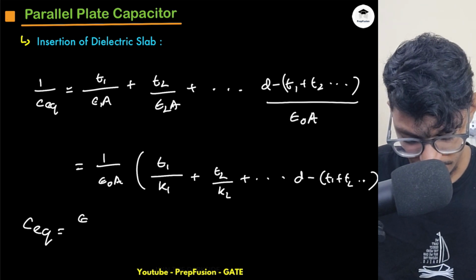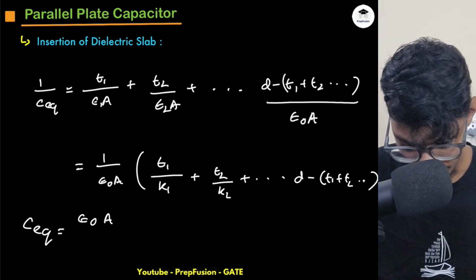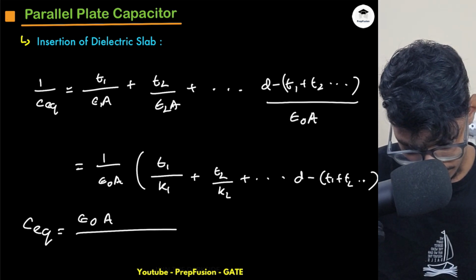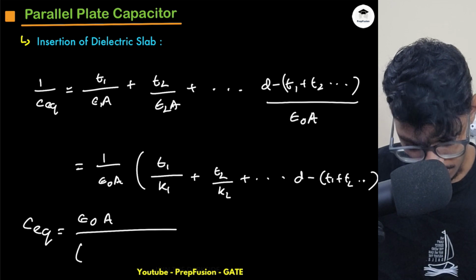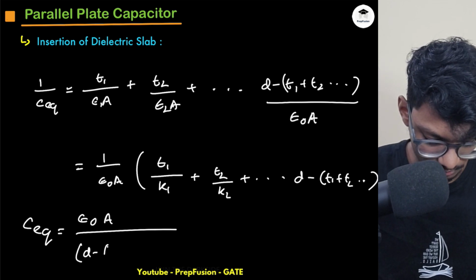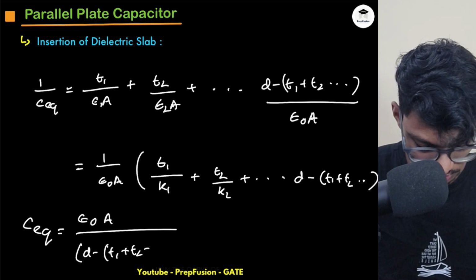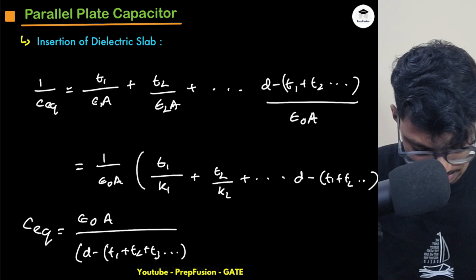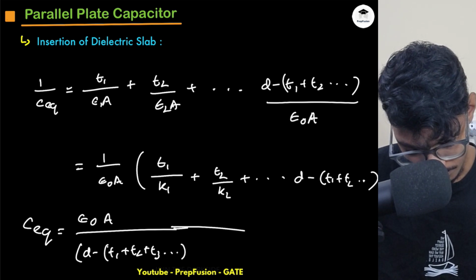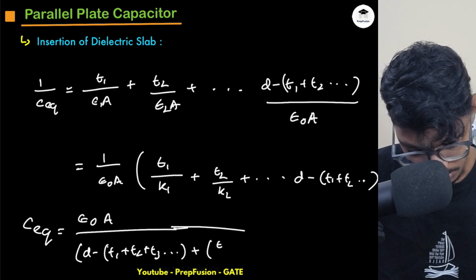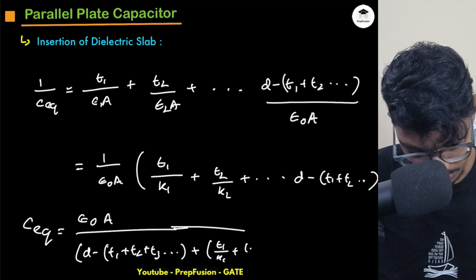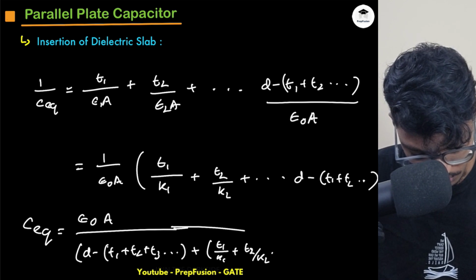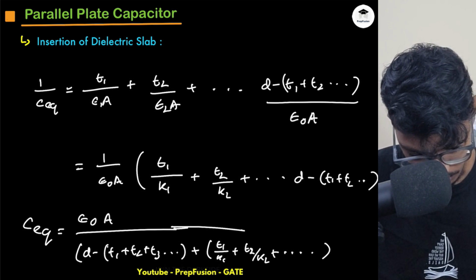So this will be epsilon naught A, and this will go in the bottom: D minus (T1 plus T2 plus T3 and so on), plus T1 by K1 plus T2 by K2 and so on.